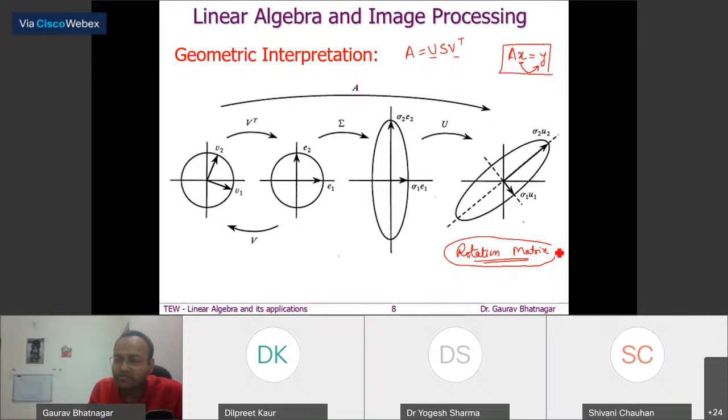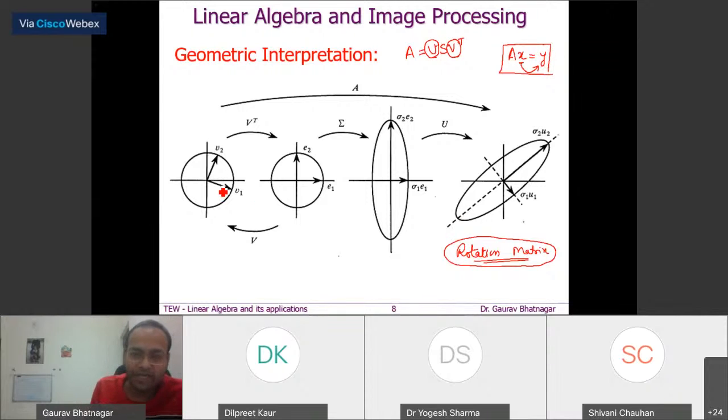It is used to rotate things, maybe vectors, shapes, objects, whatever it may be. Rotation gives you the rotation of the axes. So when I say U and V are orthogonal matrices, these are some kind of rotation matrices. So the effect of U and V in this transformation from X to Y is nothing but rotation.